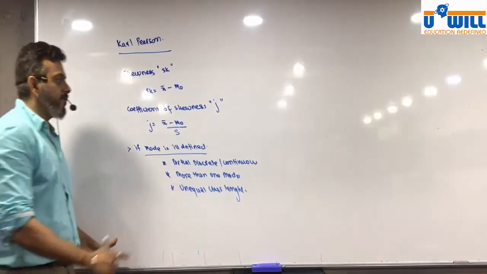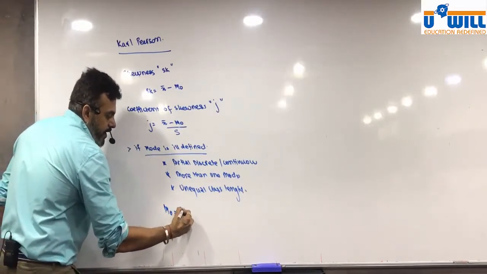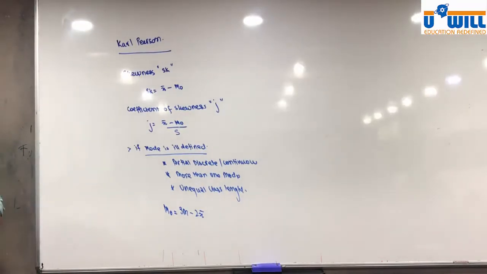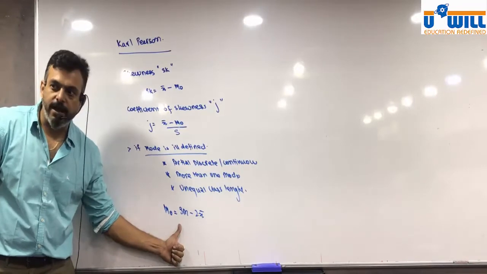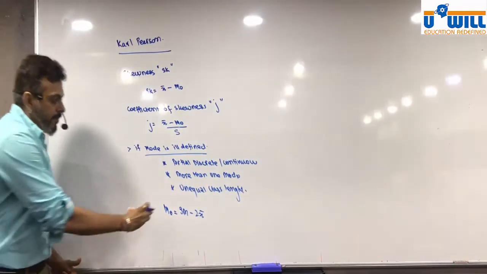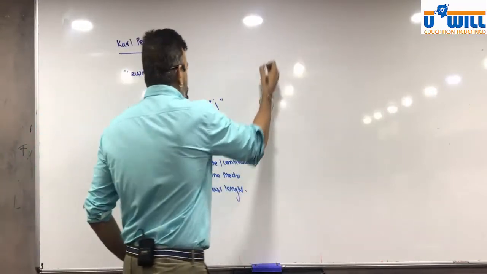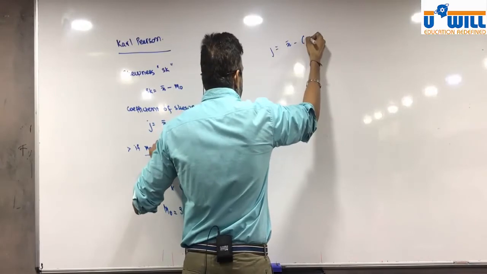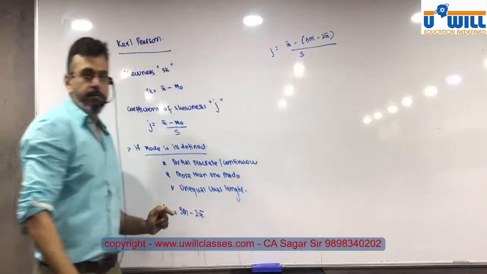So at that time, what's the formula for mode? Mode is equal to 3m minus 2 x bar. Do you all know this? When we did mode earlier, we used this formula by Karl Pearson. Now this mode will be substituted by this formula. So J is equal to x bar minus (3m minus 2x bar) upon standard deviation.